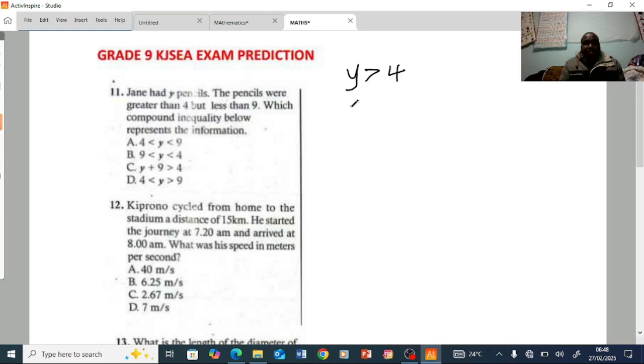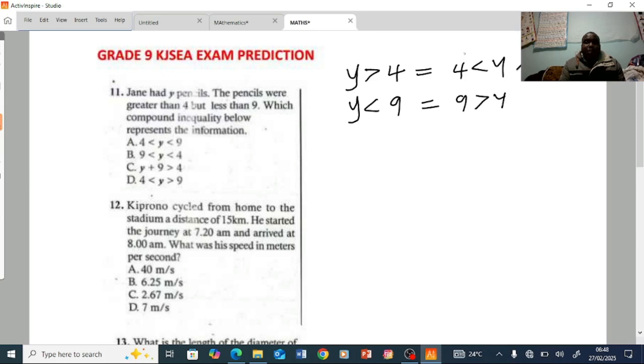So that means Y is greater than 4, but Y is less than 9. So we need to combine this one. We will say this one is the same as 4 is less than Y, and this one can also be the same as 9 is greater than Y, right?